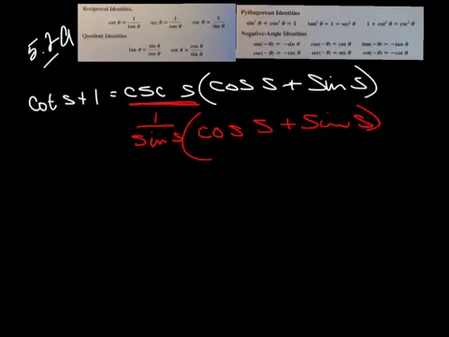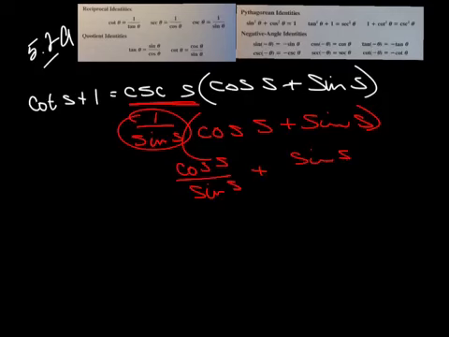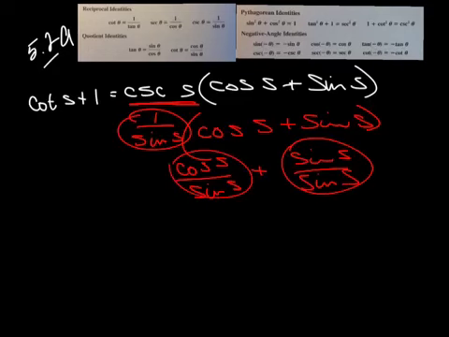Let's see what else we can do here. I'm going to go ahead and distribute the sine right here. So I'll have cosine of s over sine of s plus sine of s over sine of s. Anything over itself is 1. Cosine over sine is cotangent.